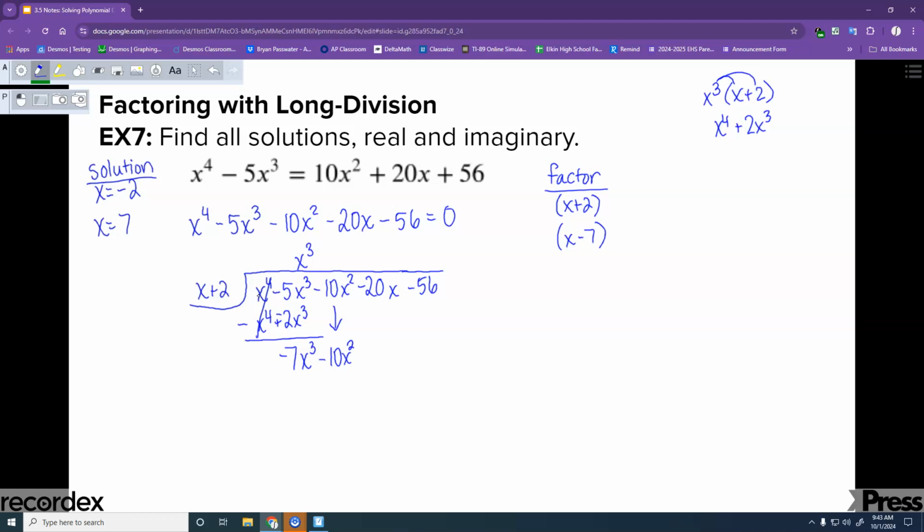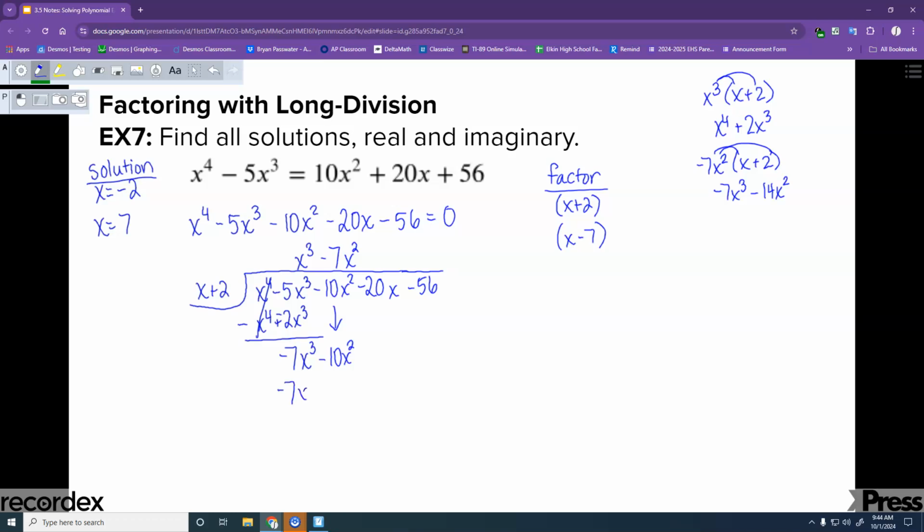Okay? Then I'm asking myself, what times x would give me negative 7x to the third? Negative 7x squared. Okay? So negative 7x squared times x plus 2 is going to be negative 7x cubed minus 14x squared.